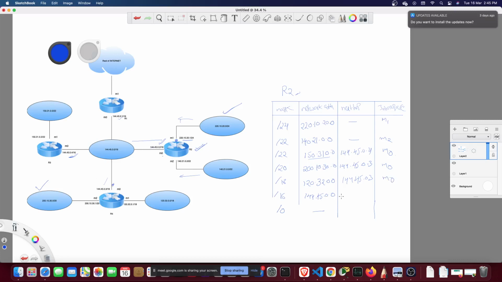For 16, there is no next hop, because it is the same physical network. The packet that is destined to this network is on the same physical network to which this router is connected, which is a direct delivery.